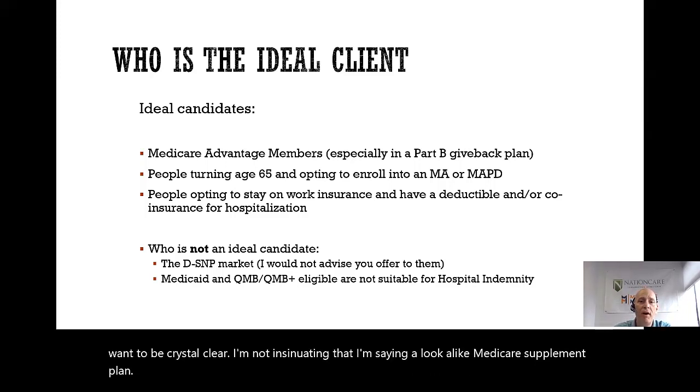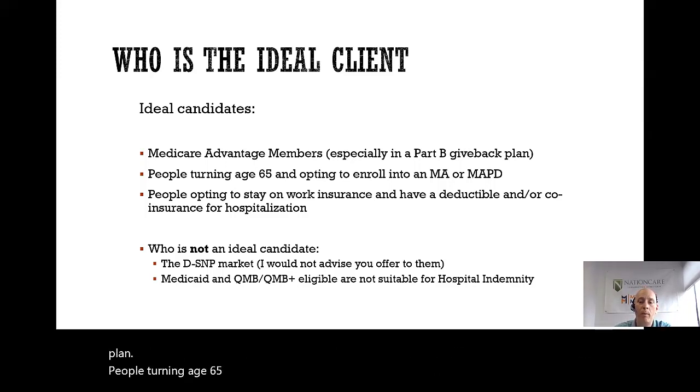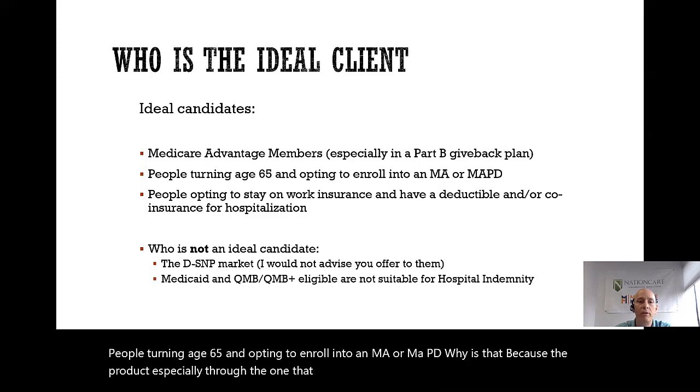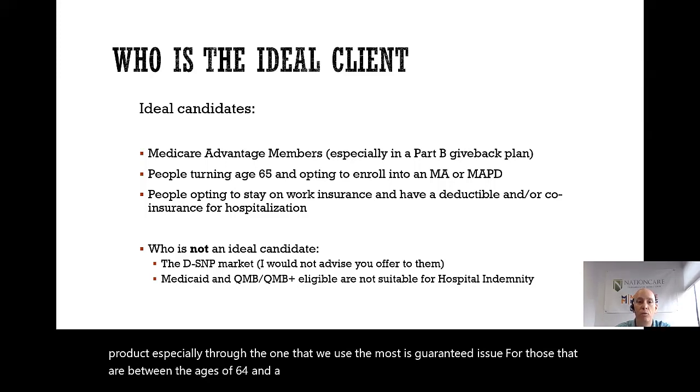People turning age 65 and opting to enroll into an MA or MAPD. Why is that? Because the product, especially the one that we use the most, is a guaranteed issue for those between the ages of 64 and a half and 65 and a half. It's a real huge benefit, especially if you're dealing with somebody with health conditions.